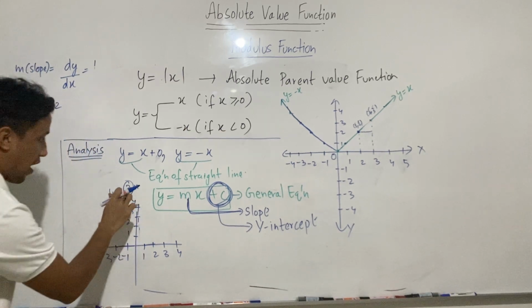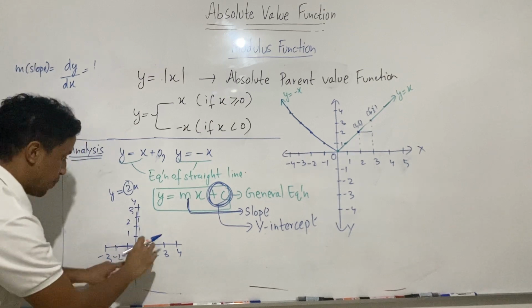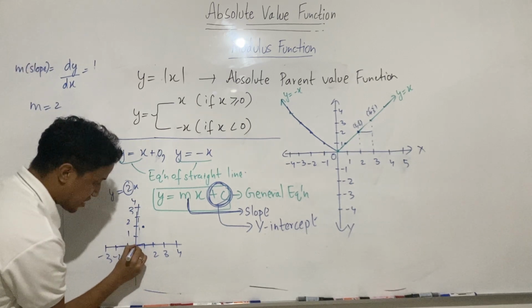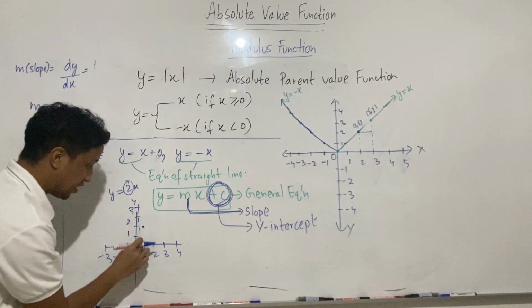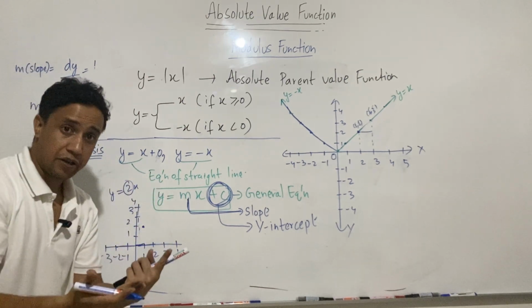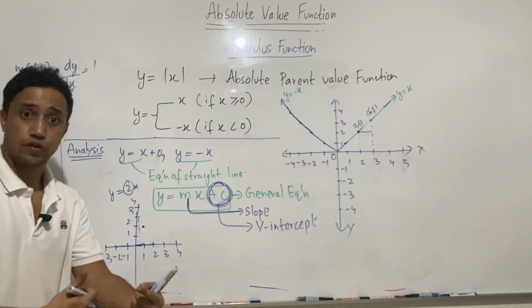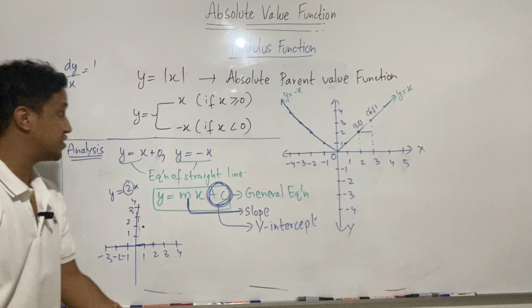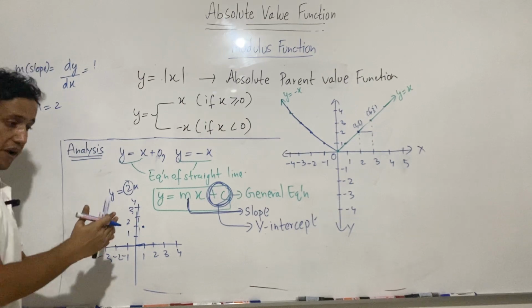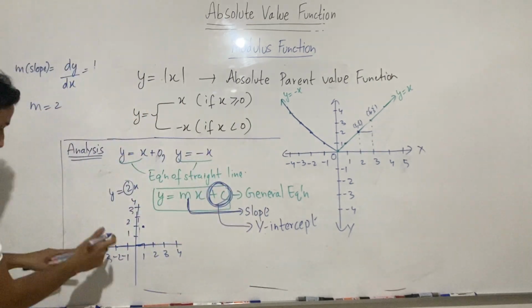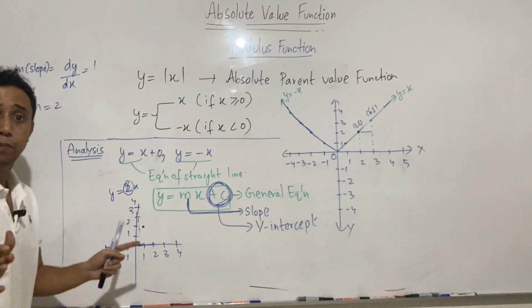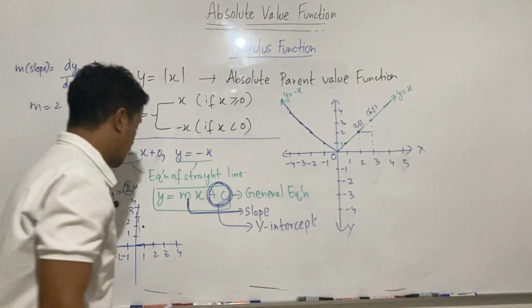Now if I put the value of x as 1, then y is 2. I'm taking one step towards the right, then it's 2 steps up. It means y is changing twice as fast. Here the rate of change of y with respect to x is 1 unit, x 1, y 1. Here the rate of change of y is double that of x. I hope it made sense to you.